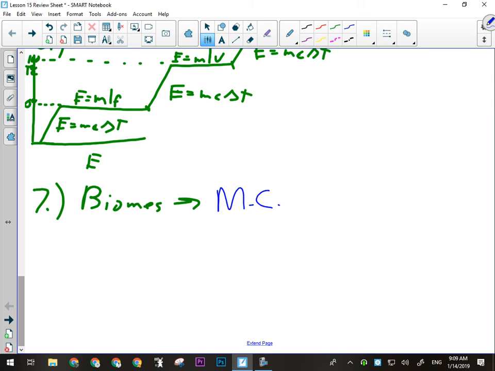Energy transfer, latent heat, energy transfer, energy transfer. You catching the theme here? A lot of energy transfer stuff in the multiple choice. Some more latent heat stuff, albedo, functions of the atmosphere, functions of the hydrosphere.